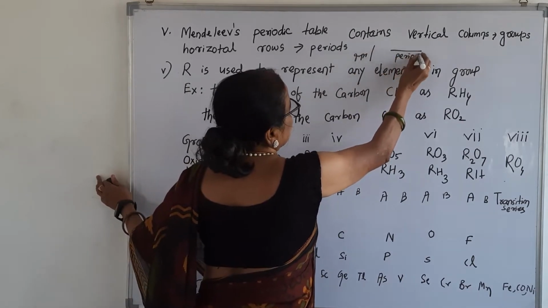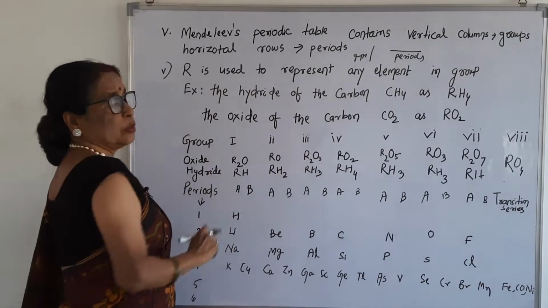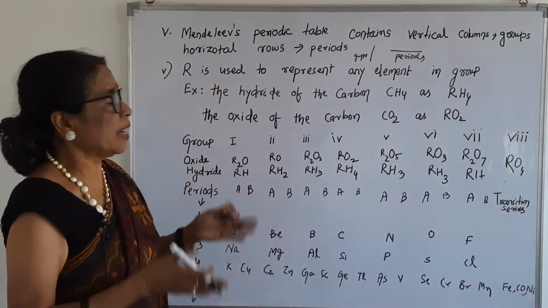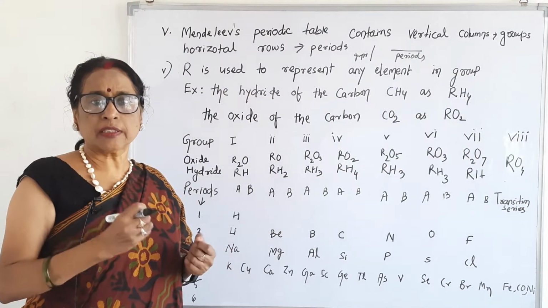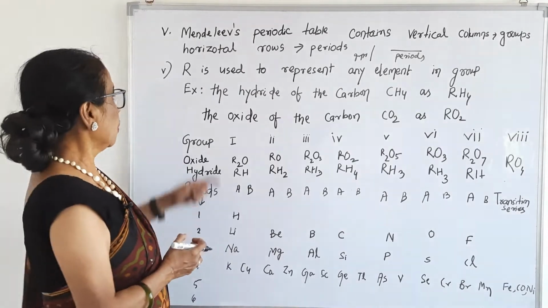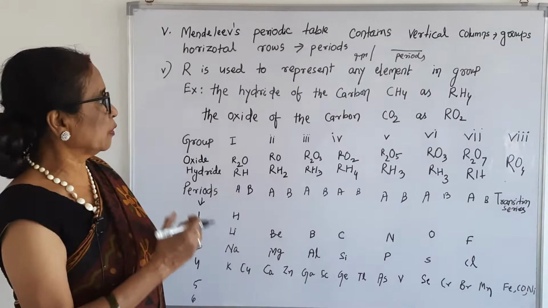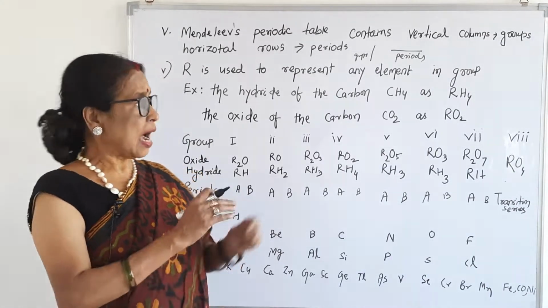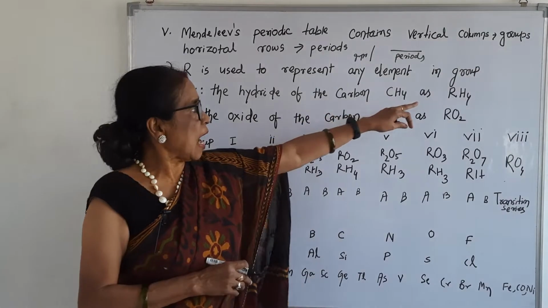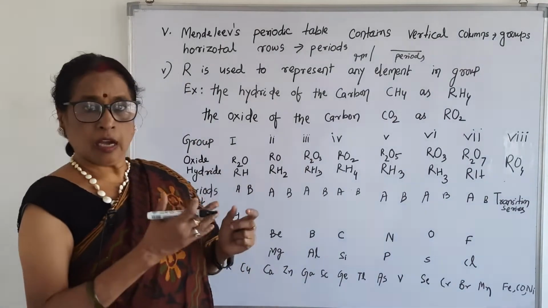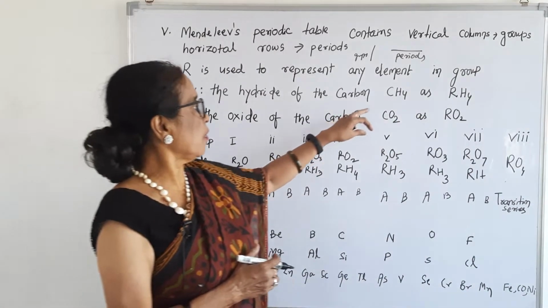Then you can see R is used to represent any element in the group. R means any element in the group. For the hydride of carbon, R is the element and H is hydrogen. So what is the formula?